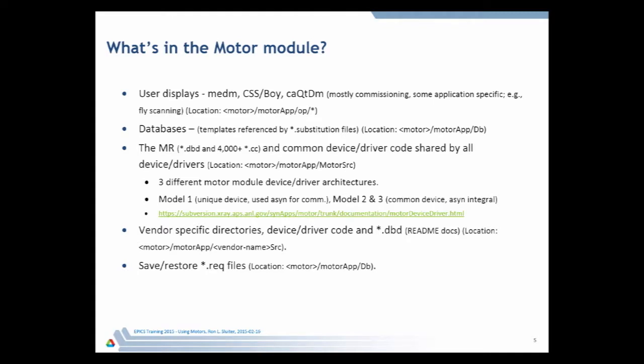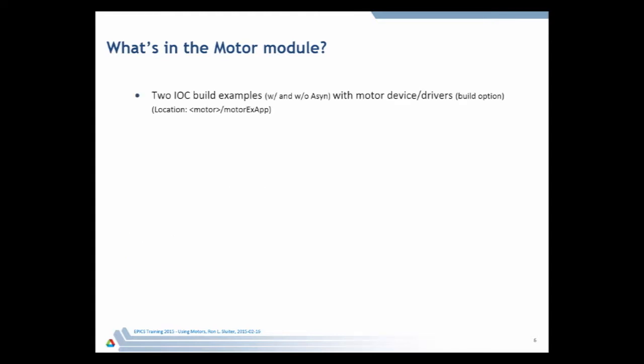Another thing that's in the motor module is the save restore files for the motor record fields. So this is autosave stuff. Now there are a couple of build options. One is the IOC build examples that have motor device drivers built in. The other is IOC boot examples, which are complements to the build directories.